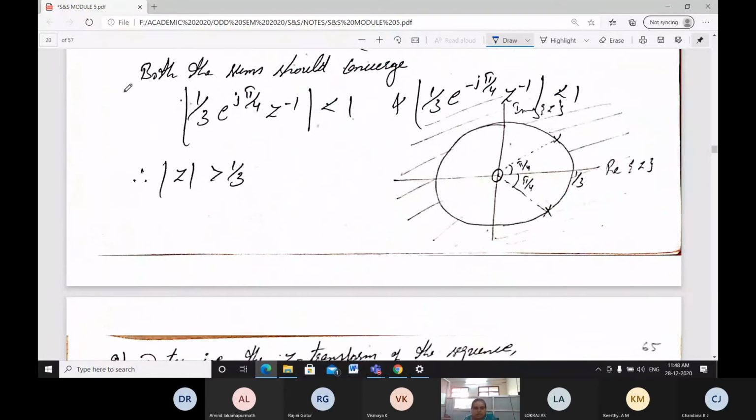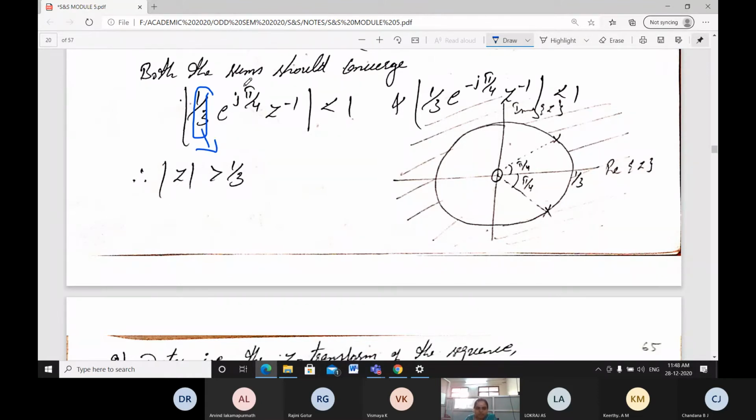Based on this, just observe that both the z inverse terms are almost the same, only the e power here is plus j pi by 4 and here minus j pi by 4. That's the difference. Therefore, the mod of z exists in terms of this value, which gives us information about the magnitude part.